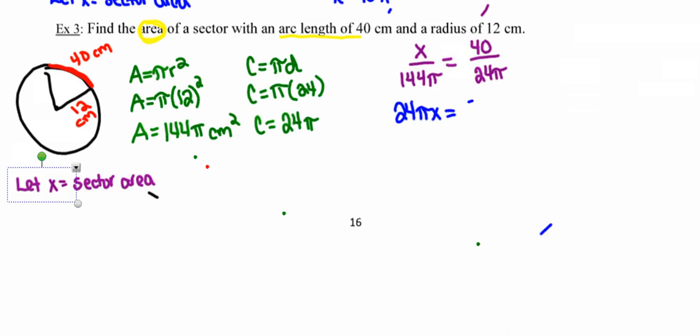So that's going to be 5760 times pi. To clean things up a little bit, I'm going to divide both sides by pi. So now 24 times x is equal to 5,760. And now I can go ahead and divide everything by 24, and I'll have my answer.